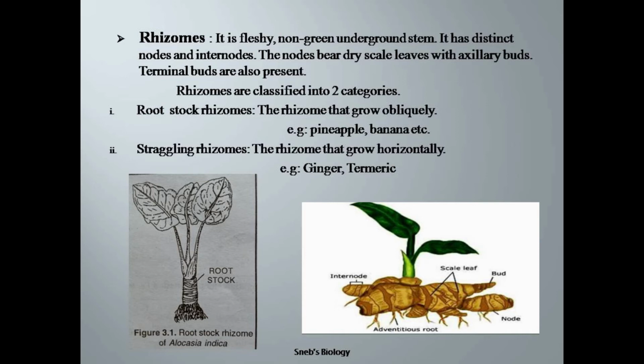For example, ginger. When we see a ginger, we see a main axis. This is a long part and it grows horizontally under the ground. This axis is made up of some parts. These are all stems or branches. That's why we call it sympodial, that means the main axis is formed by the fusion of small parts of many branches.